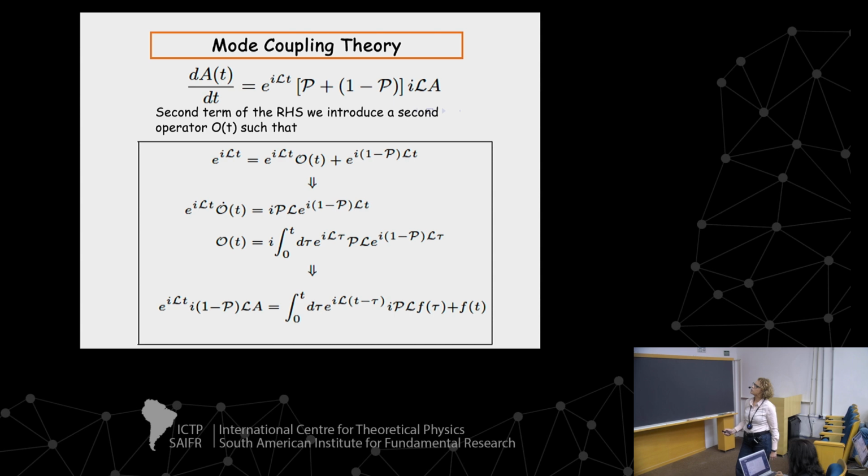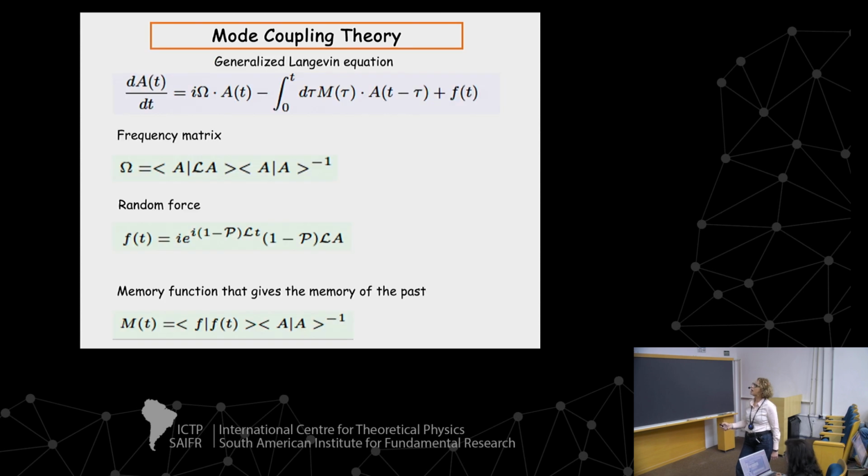This is the expression of the operator as it comes with the integration. Then you have this part here, e to the iLt times 1 minus P iLA, which is exactly what we have here, the second term, which is equal to this part here, where we have this integral and this f of the time. One part of this is in the integral, part of this is here, and it's the temporal dependence that you have here and here of this operator that is written like this.